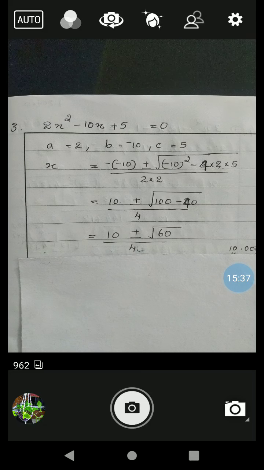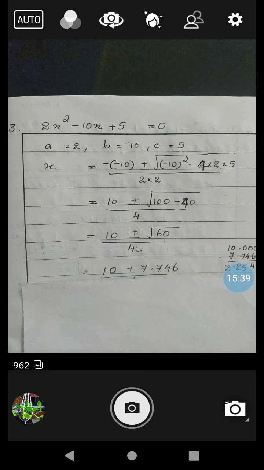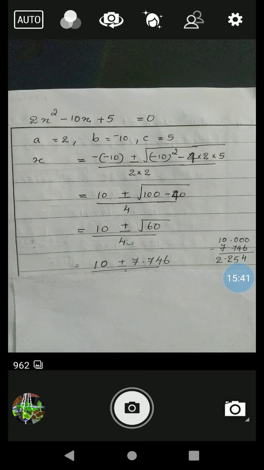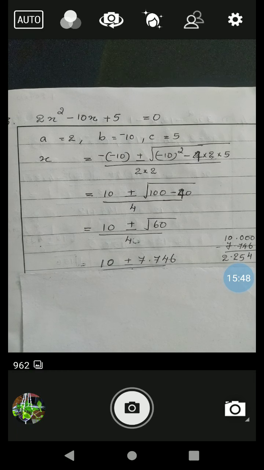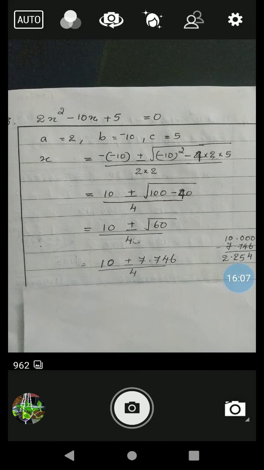Find what is root 60. Root 60 is less than 8, no? Because root 64 is 8. Therefore, root 60 is less than 8. Okay? So, you should get an idea. That is 10 plus or minus 7.746 divided by 4.